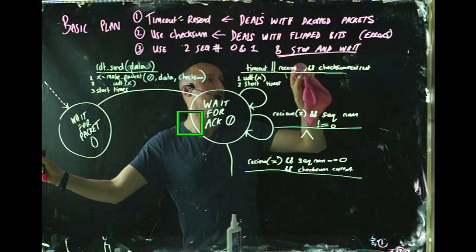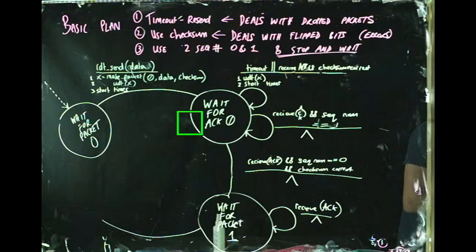UDT X, that's correct. Receive ACK and sequence number equals 0. Not equal to 0 rather, or equal to 1, same thing. And do nothing, wait for the other events to sort it out.